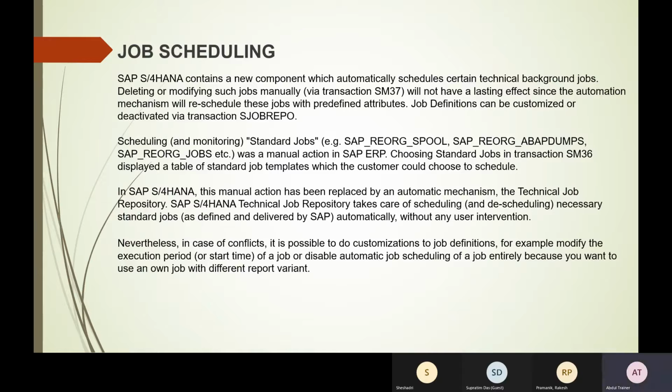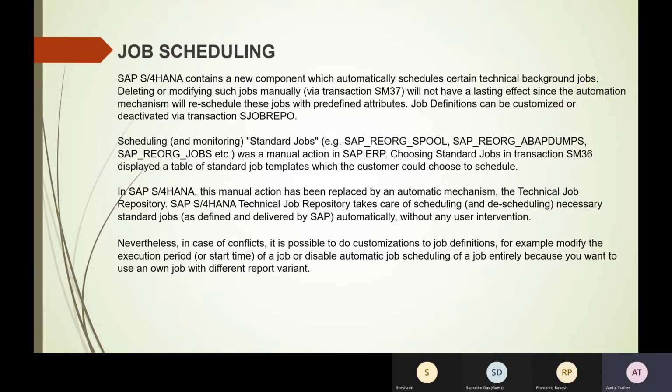SAP S/4HANA contains a new component which automatically schedules certain technical background jobs. Deleting or modifying such jobs manually via transaction SM37 will not have lasting effects since the automation mechanism will reschedule these jobs with predefined attributes.